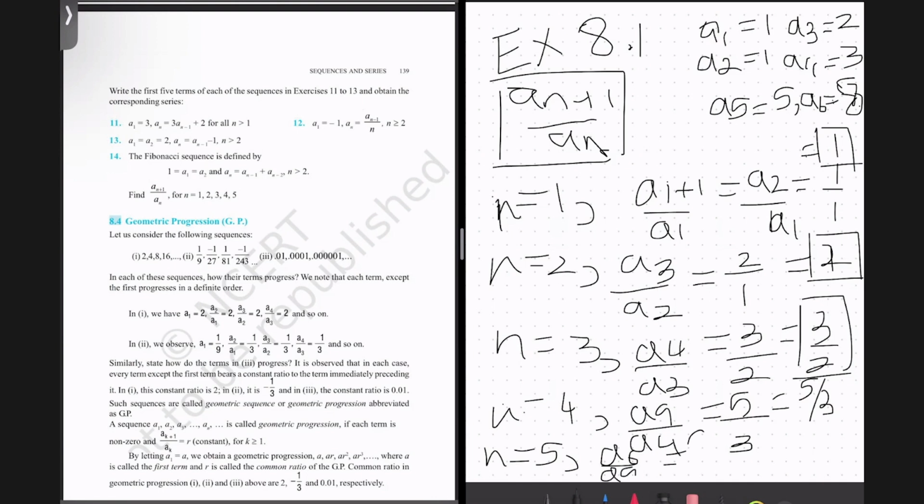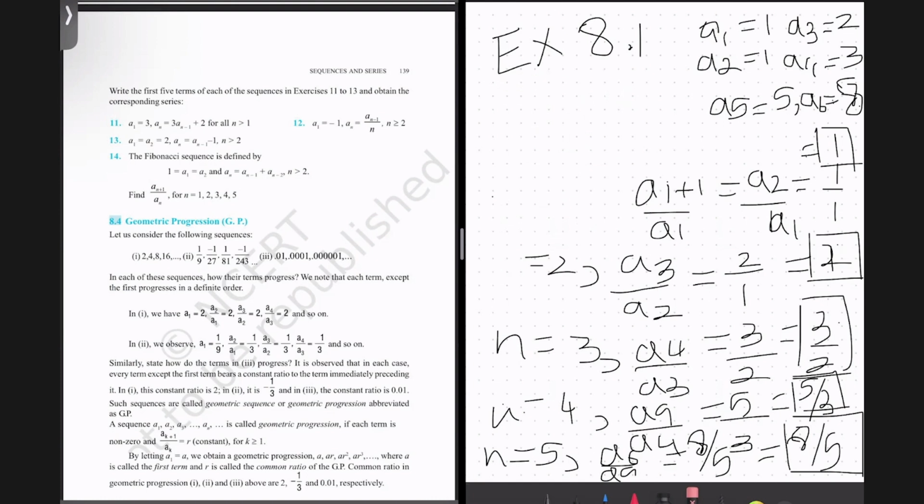A of 6 is nothing but 8 upon 5, which is 8 by 5. Correct. So that is my sequence. Described by this particular sequence, I have the terms as 1, 2, 3 by 2, 5 by 3, and then 8 by 5. Correct. That is how the terms in this particular sequence are described.